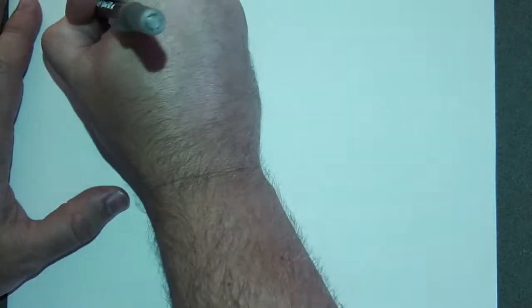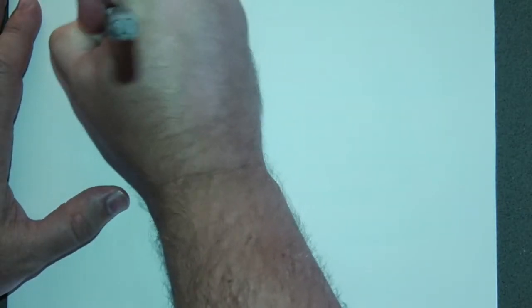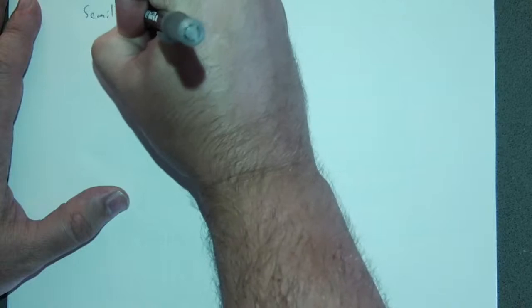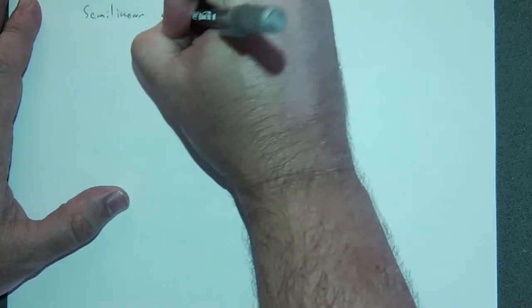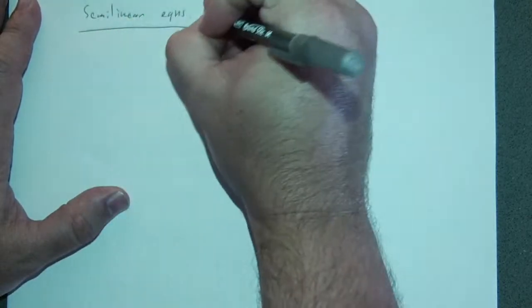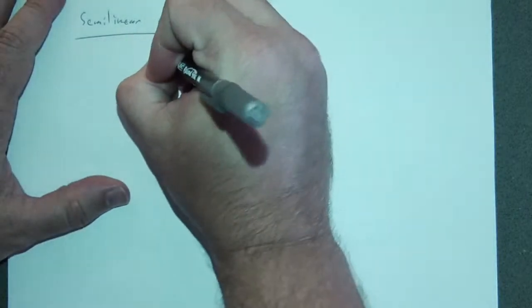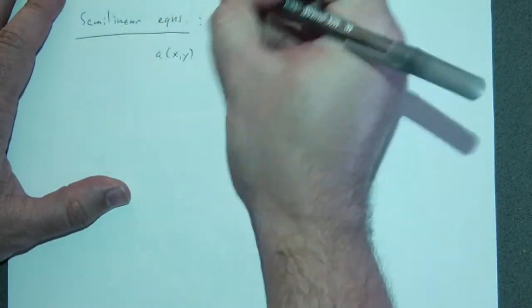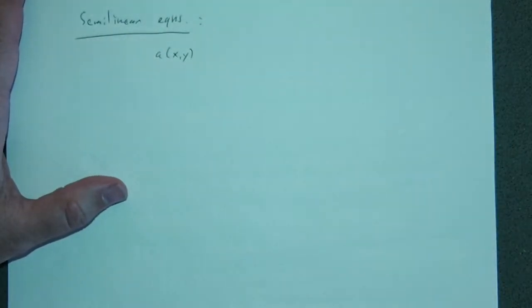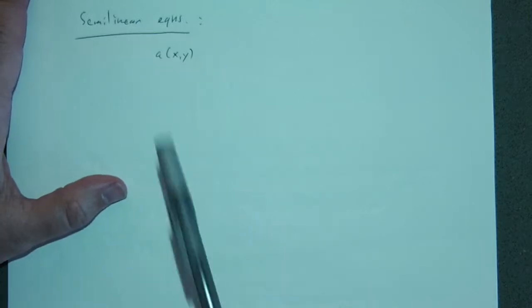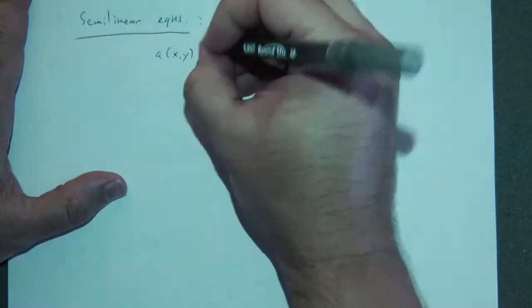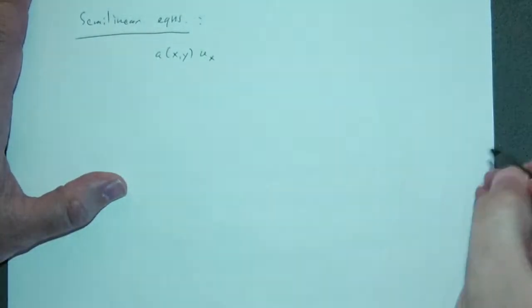But what about semilinear equations? Okay, what is a semilinear equation? Recall, this means I have a coefficient function. Let's say that I am back to having two independent variables for my PDE, and I have a coefficient function on the x partial term.